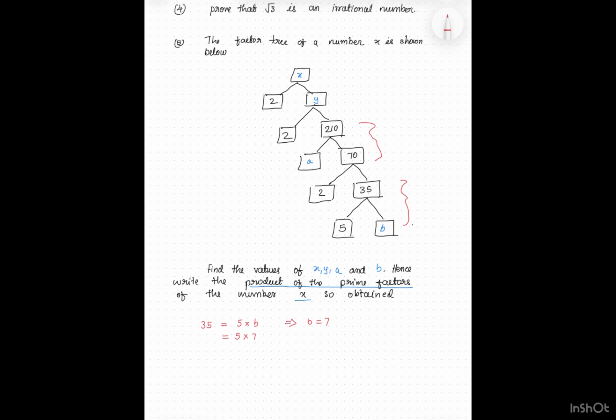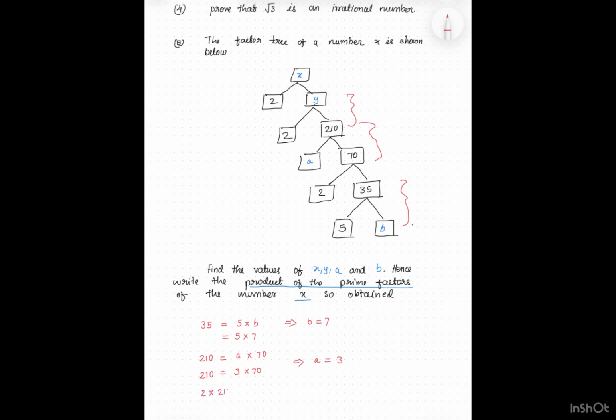Next we can see that in this part 210 is got by a into 70, that is, 3 into 70 is 210. Therefore, a is equal to 3. Next, we got y by multiplying 2 into 210.